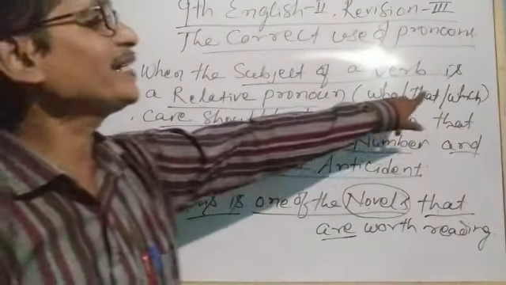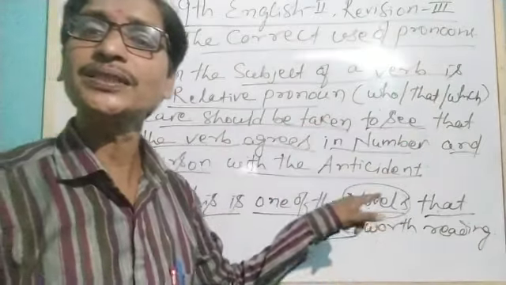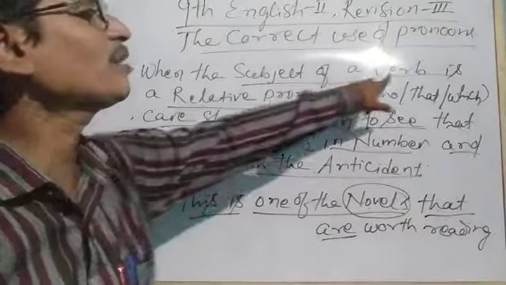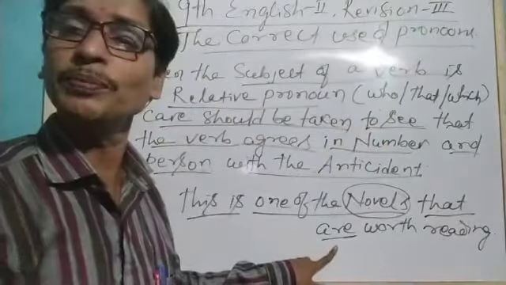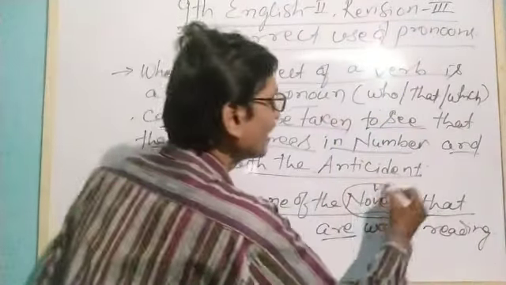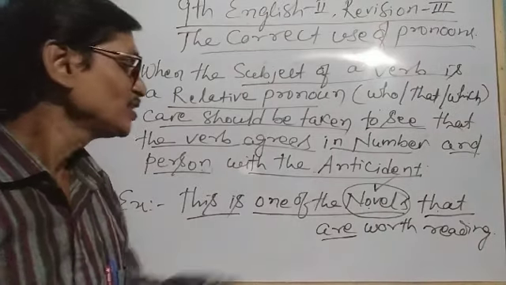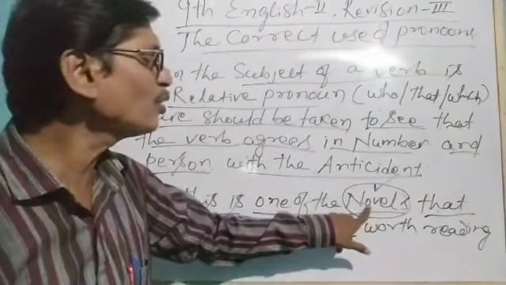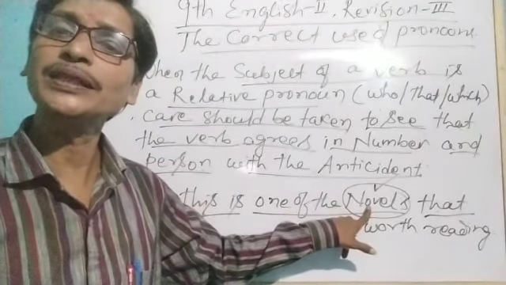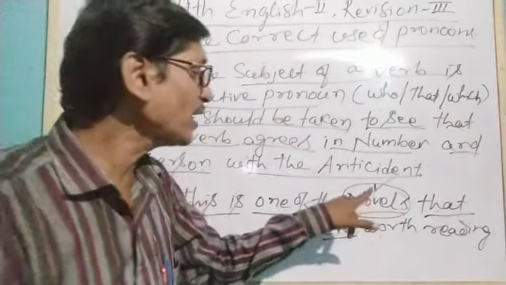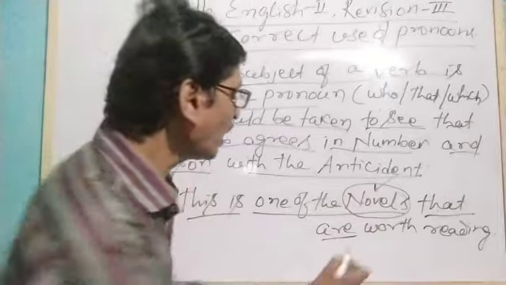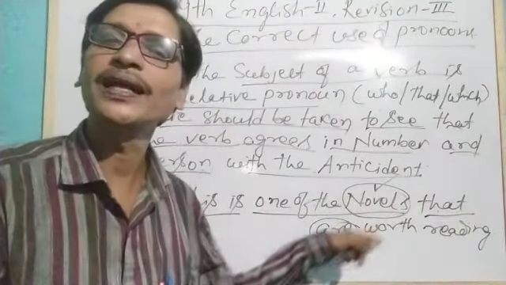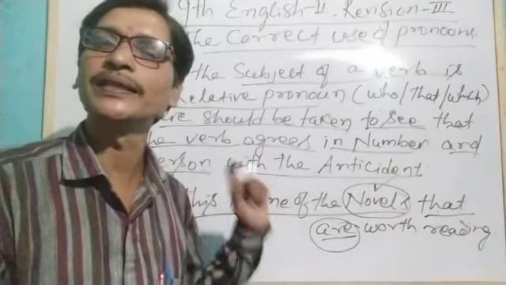So, when the relative pronoun functions as a subject of a verb, then care should be taken with this antecedent, in person and in number. So here novels is given. It's a plural subject. So in accordance with this, we have to make our verb satisfy and have the agreement between them.